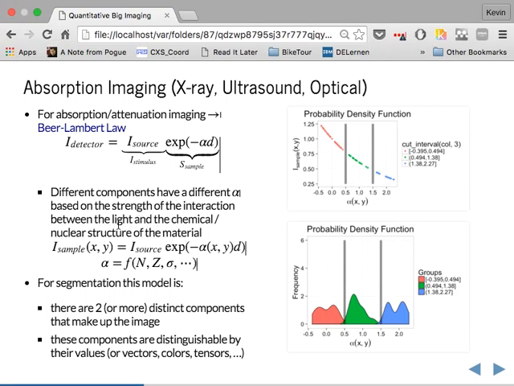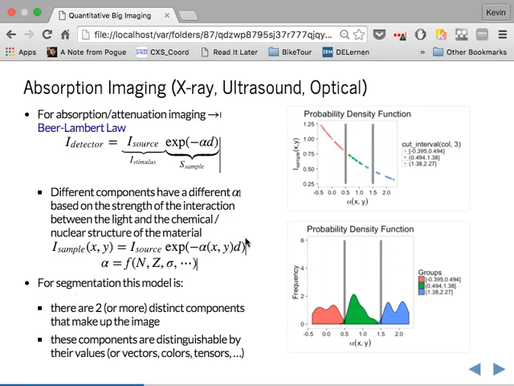Basically what you end up with is this formula where you have a spatially varying alpha parameter, and you're trying to segment out this alpha value. You want to reconstruct what alpha value you're looking at. This case has more than two components, and they're distinguishable by their values: a low density, a medium density, and a high density.